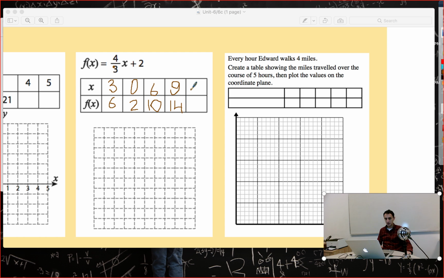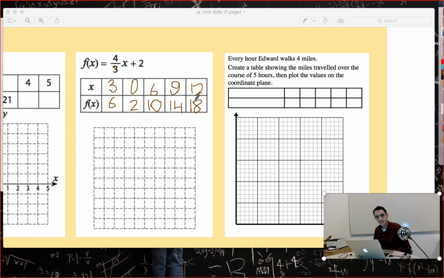And lastly, let's choose 12, because 12 is divisible by 3. 12 divided by 3 is 4. 4 times 4 is 16. 16 plus 2 is 18. Good.